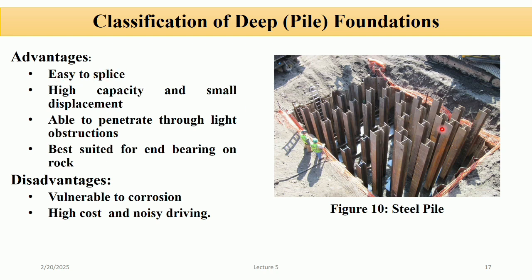The advantages of steel piles are that they have high strength, I mean they can carry heavy load with minimal cross section, and they are easily driven through hard soil and even into rock. They can be coated or galvanized for protection against corrosion, and can be extracted and reused in temporary structures. The disadvantages of steel piles are that they are very expensive, vulnerable to corrosion, and create noise during driving.